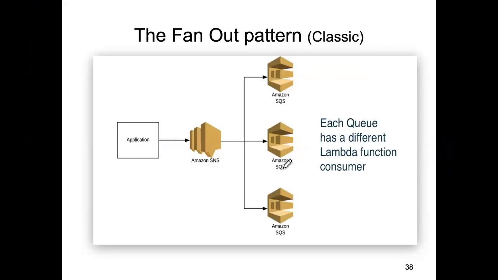So this is a very common pattern when you're using the SNS service. It's called the fan out pattern, and what it's trying to illustrate is that you can have a number of subscribers linked to the same topic, and each of those subscribers will get every message that's written to the topic.